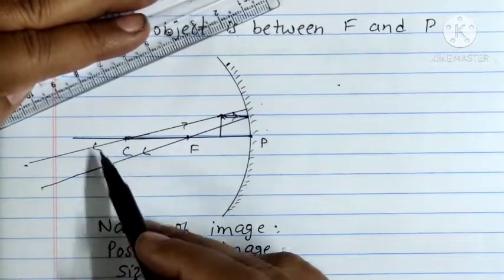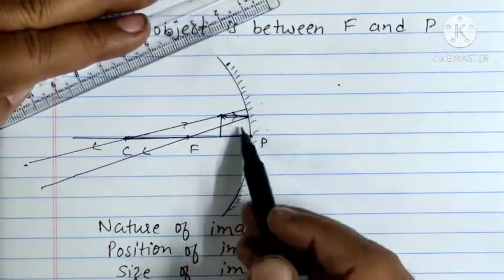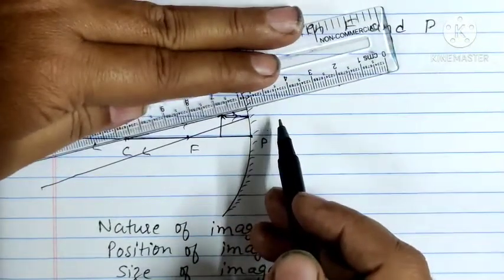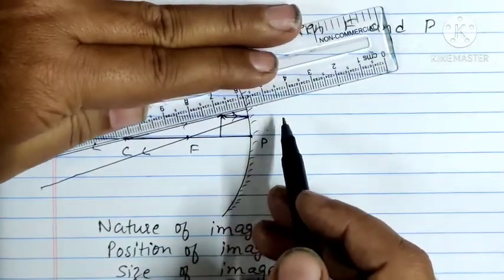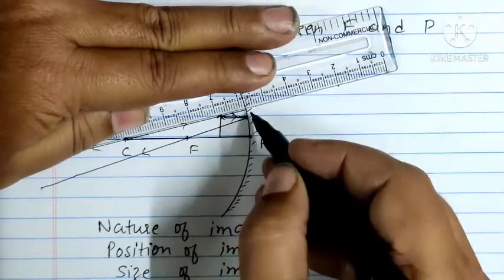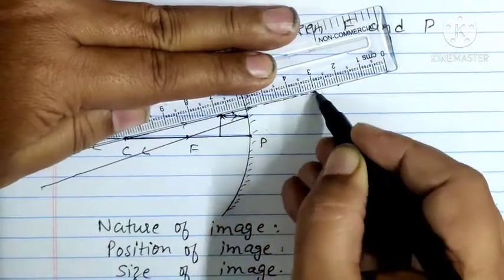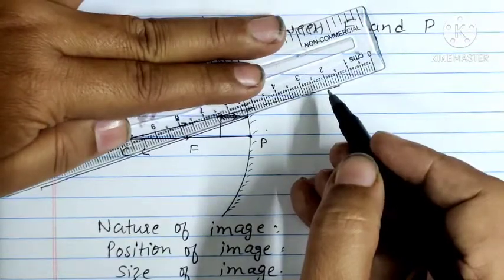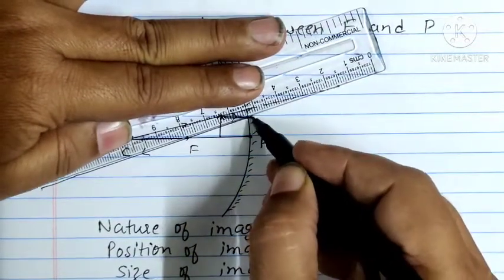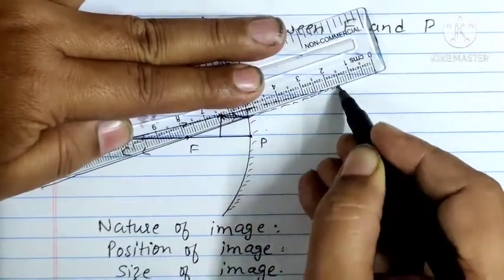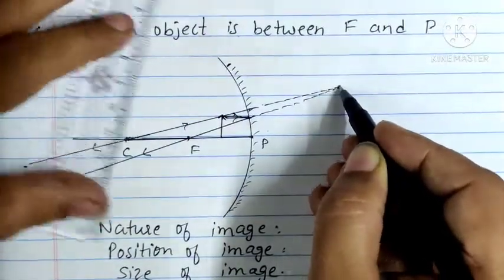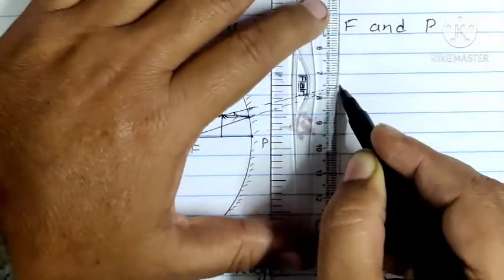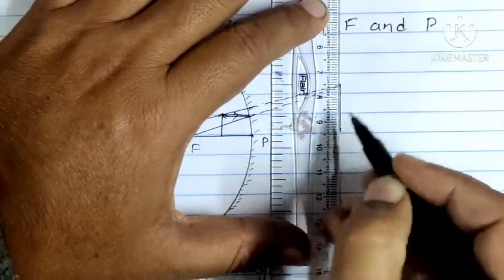These two rays will not meet with each other, but if we produce them backward, this one is produced backward, and this ray also is produced backward, they will appear to meet at this point, and this is where the image is formed.